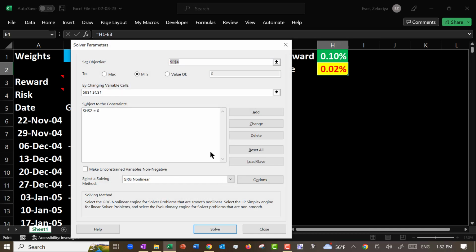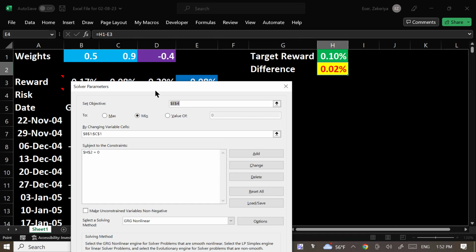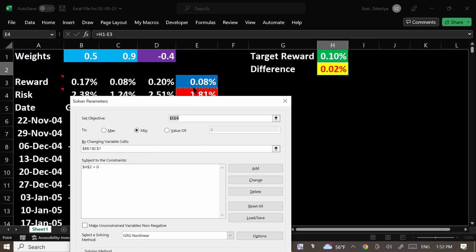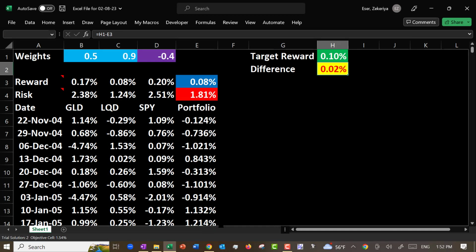Then I'm going to ask Excel, find me, there are infinitely many portfolios that will have a reward of 0.10%. But among those, I want to pick the one that has the least risk. And all I have to do is hit solve. Find the solution.